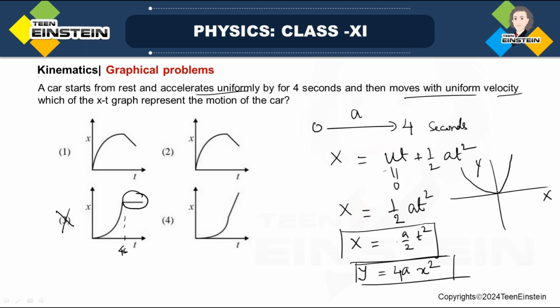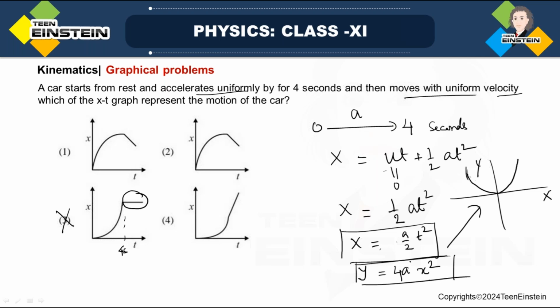I can draw it a little better, like this. This is the equation, this one. See, these two equations are actually identical, you can say.